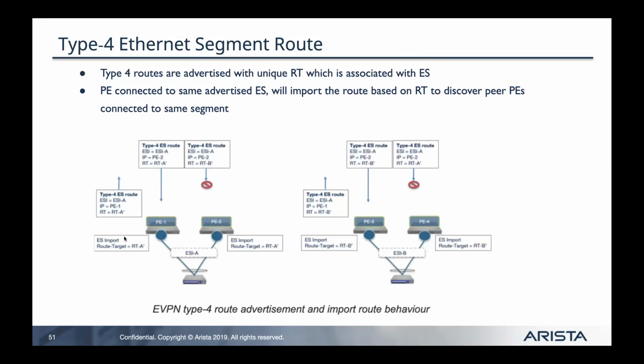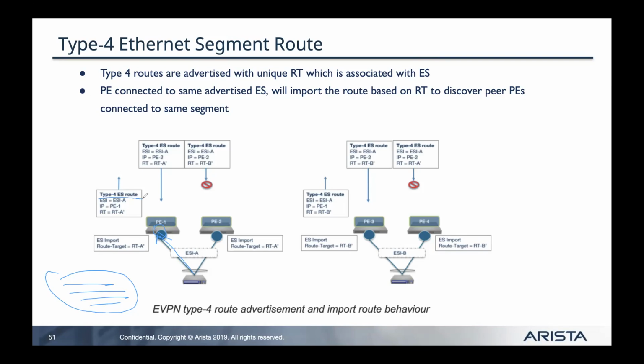Okay. So now let's say this VTEP has sent some packet on this interface. It has learned the MAC, and you have also configured the port channel configuration, route target, and all that. As soon as you have configured this route target, VTEP 1 will advertise a type 4 route.